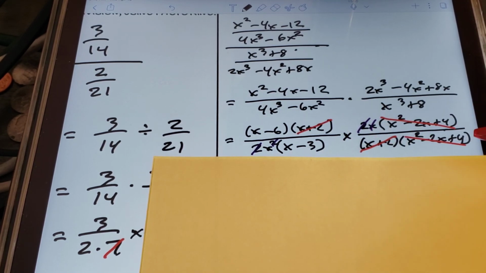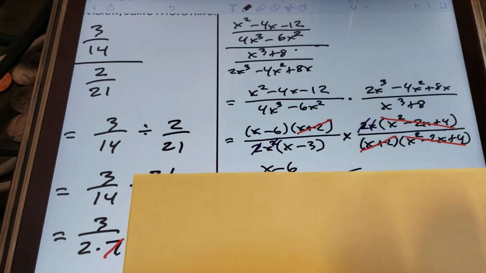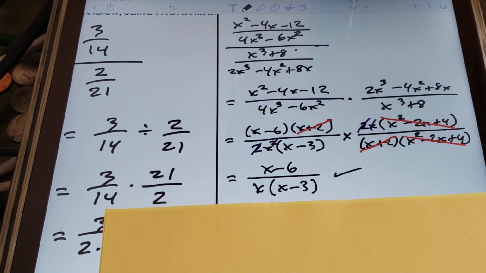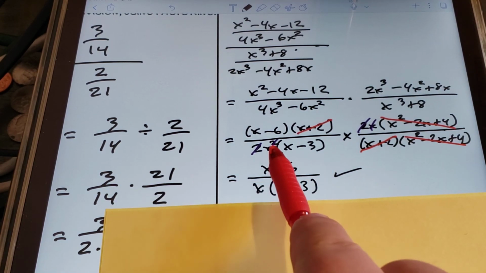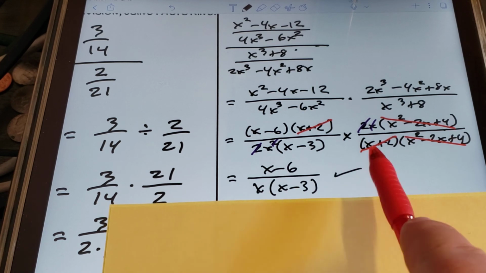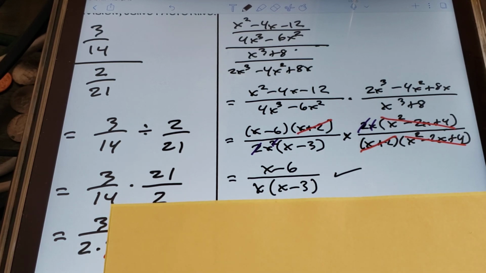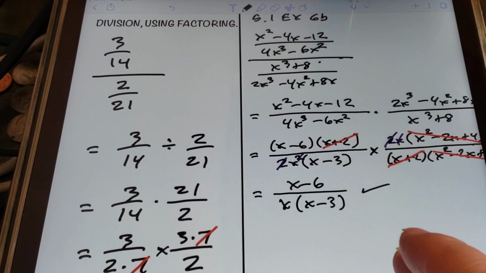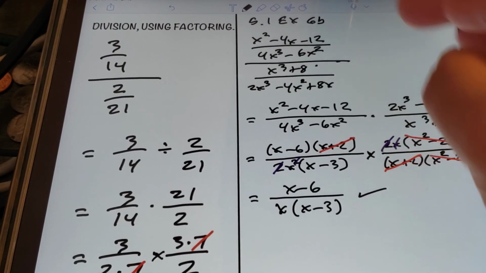So this is just a regular cancellation or reducing a fraction. But I have identical factors, so those cancel. So do you see what survived? Just in the numerator, x minus 6. In the denominator, one of the x's from the x squared and the x minus 3. So that is dividing rational expressions, fractions made up of polynomials.